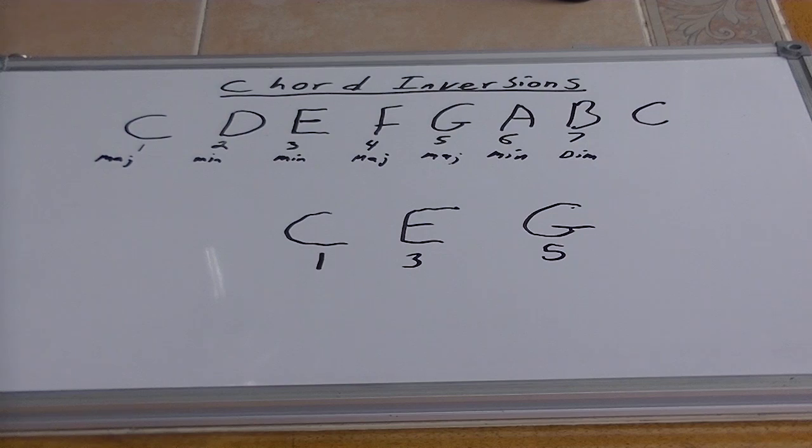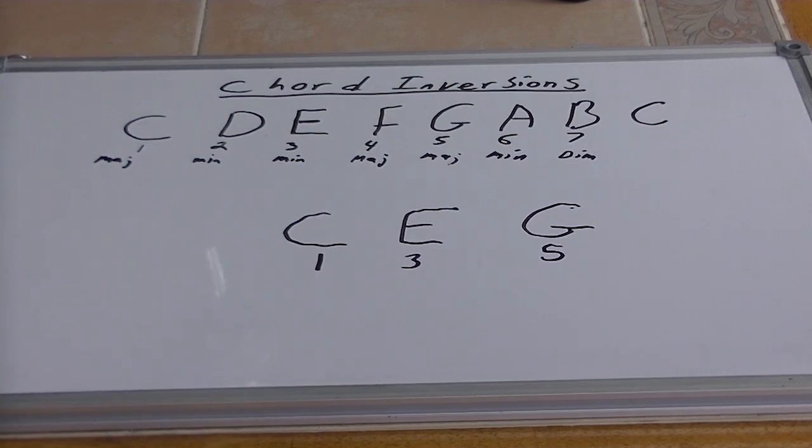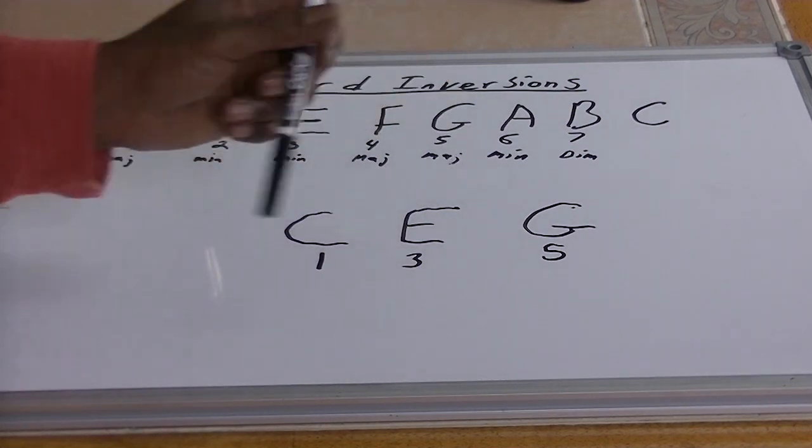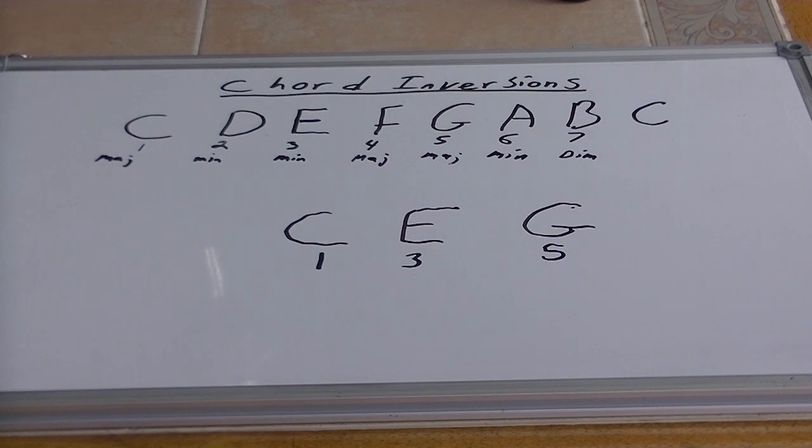So this is the way that we have represented the C chord so far. We started with the root note as the lowest note of our chord, then proceeded upward pitch-wise to the E note, and then upwards from there to the G note.